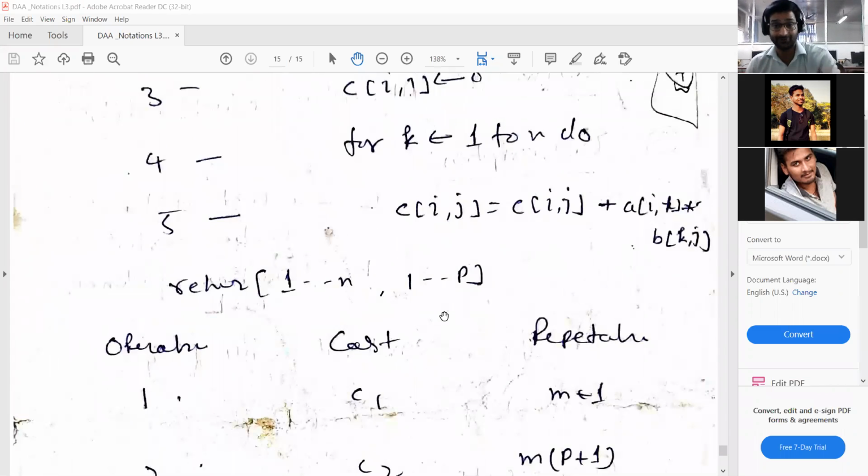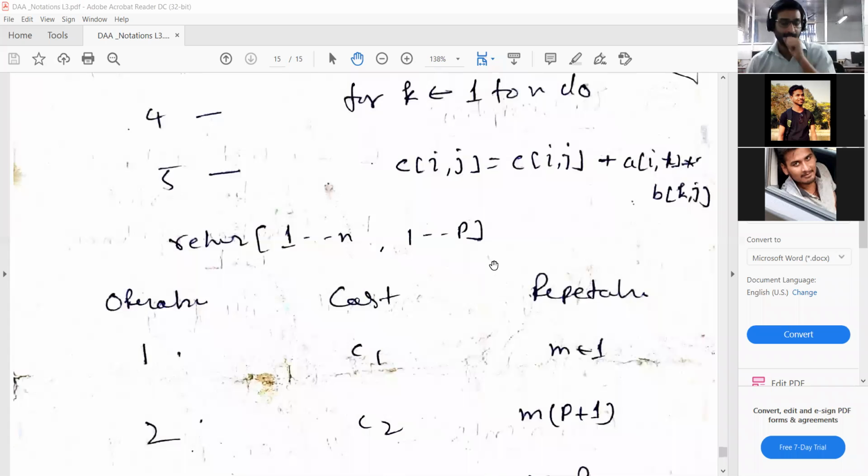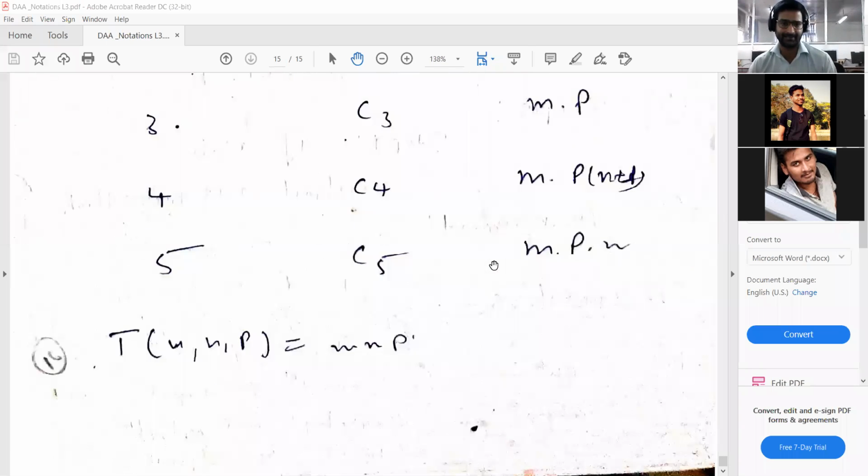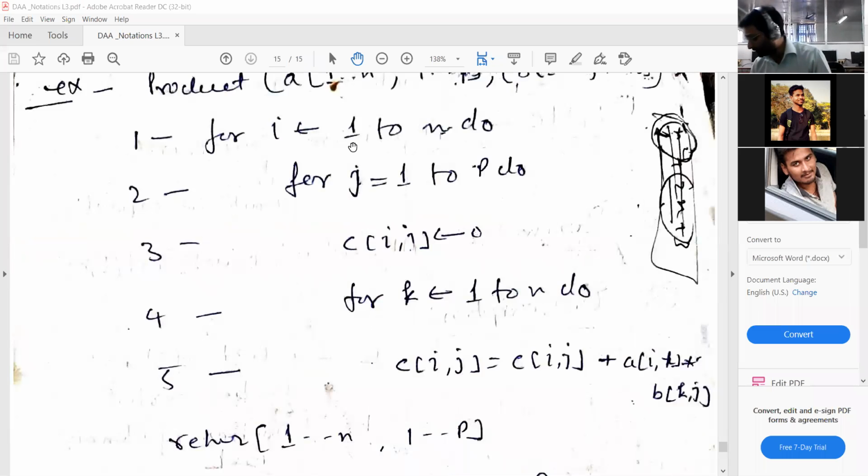But we do not use this kind of approach. This is just to explain what exactly the meaning of this analysis is. ठीक है, तो obviously जैसे ही आप देखेंगे यार if there are 3 for loops, तो आप तुरंत कह देंगे यार इसकी execution time, the complexity of this algorithm will be order of m into p into n.